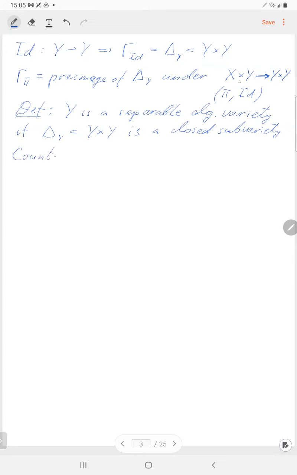Let me just recall briefly the standard counterexample called Raviola. And this is the affine line with a double point, A1 with the double origin.